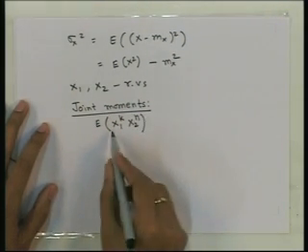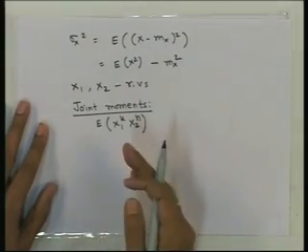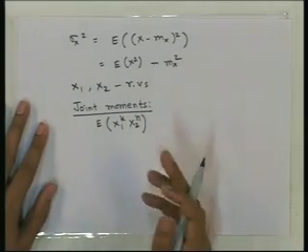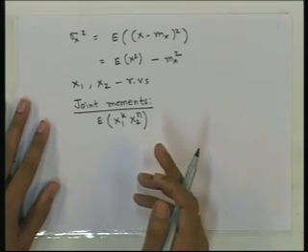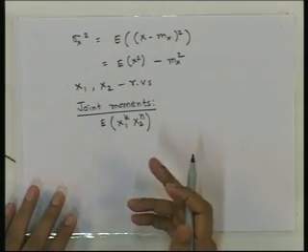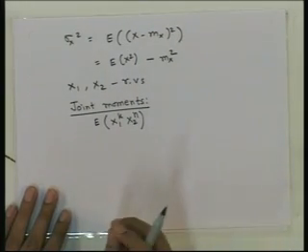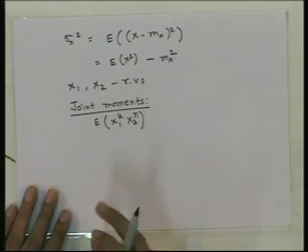Now, this expectation will obviously be taken with respect to the joint distribution of the two random variables: if they are continuous, the joint density function, or if they are discrete, the joint probability mass function.